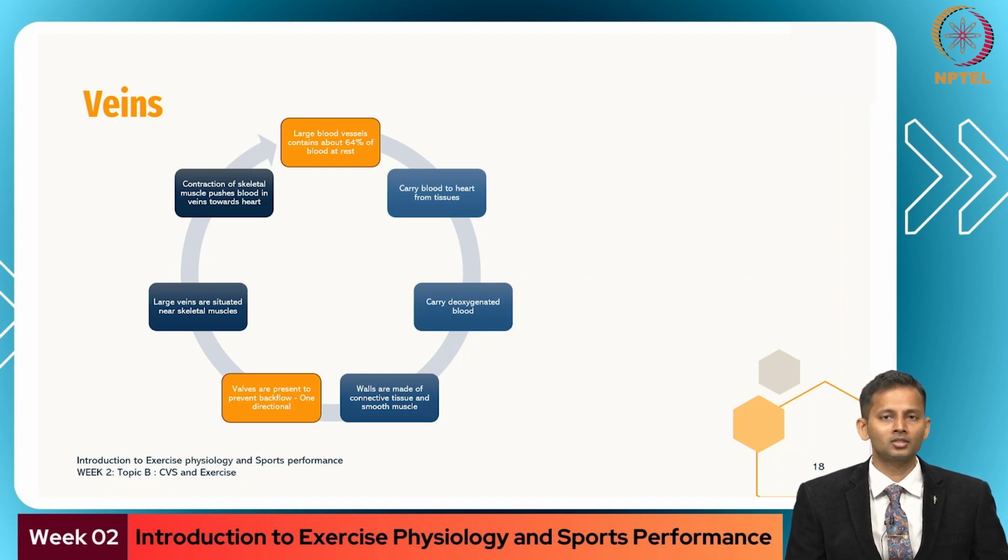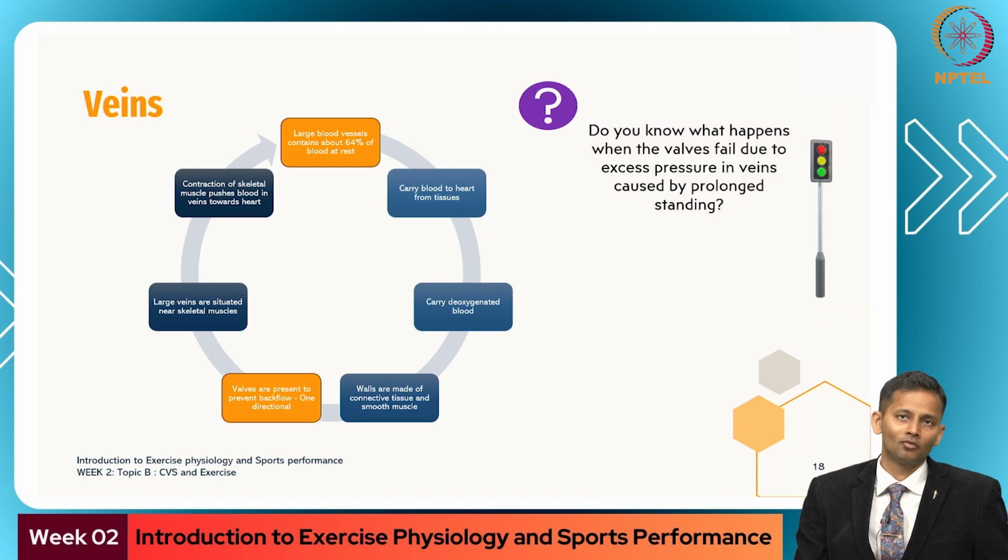The central pump is your heart, and the peripheral pump is a muscle. Since the veins are co-located along or through the muscles, the contraction results in pumping of this blood towards the right side of the heart. So that's why the calf muscles are called the peripheral pump.